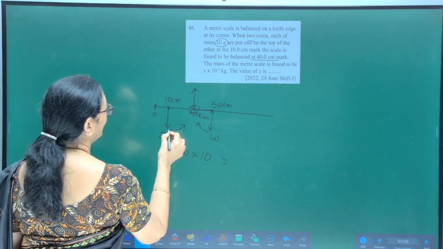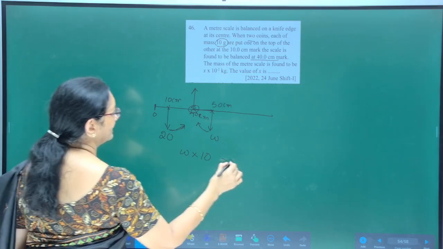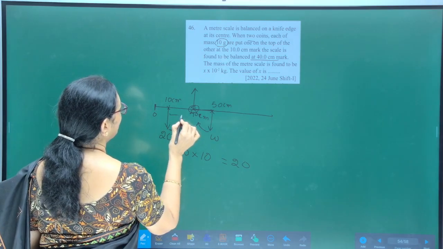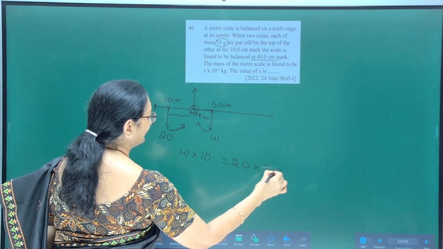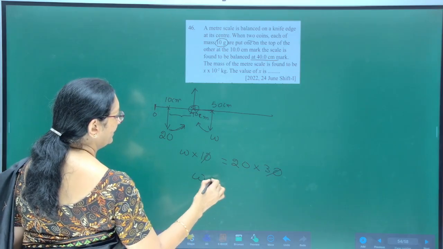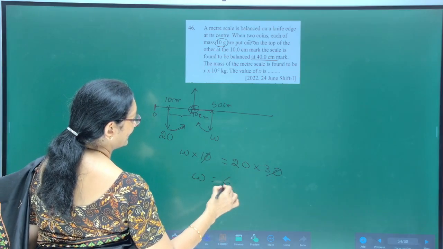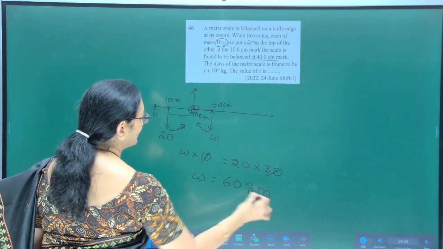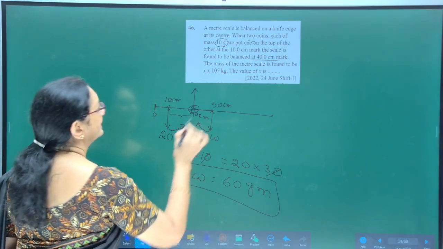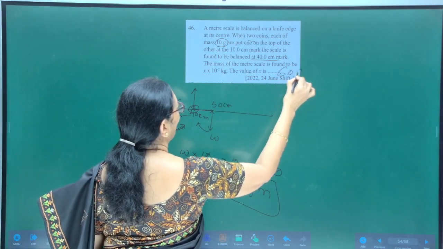That is equal to the anti-clockwise moment, which is 20 times its distance, 40 minus 10, that is 30. So, W is equal to 60 grams, that is the answer. The weight of the scale is 60 grams.